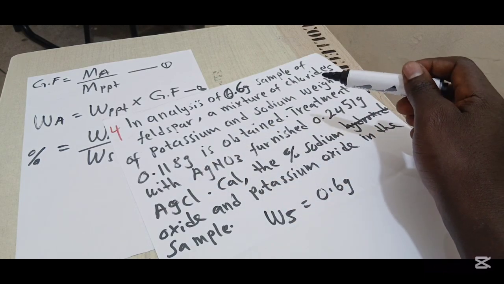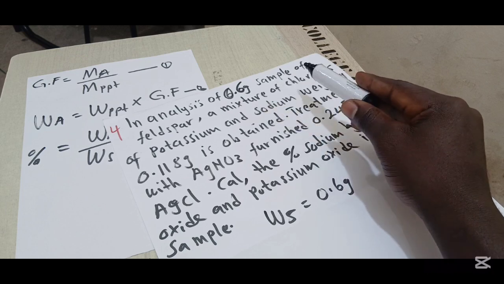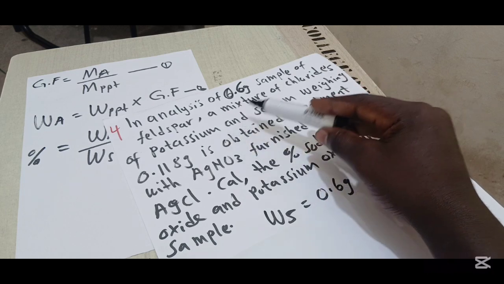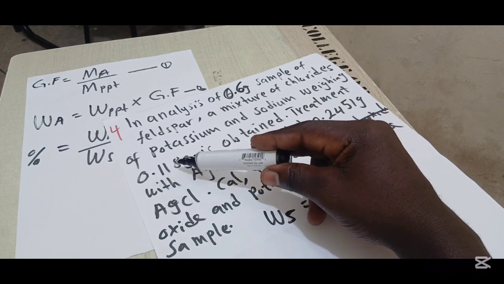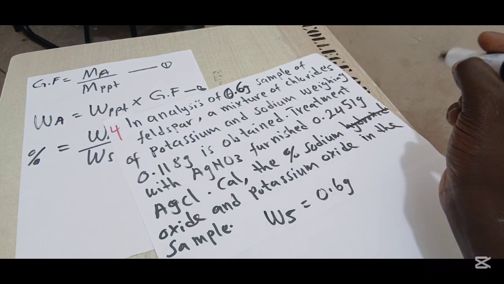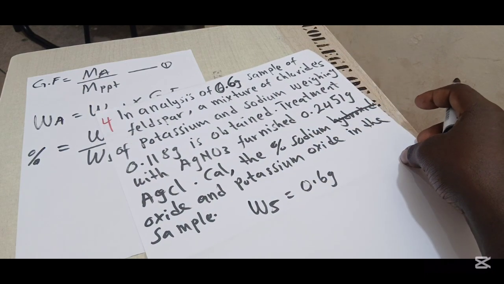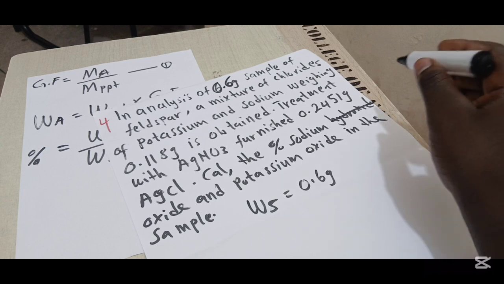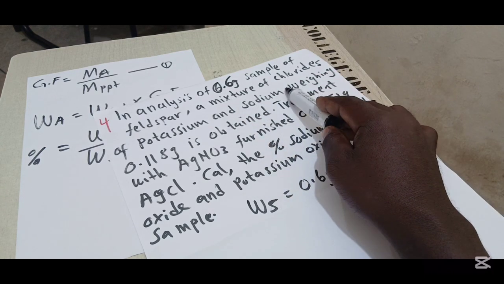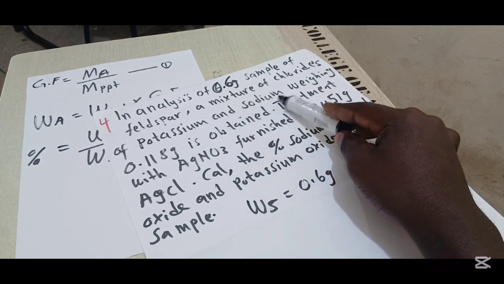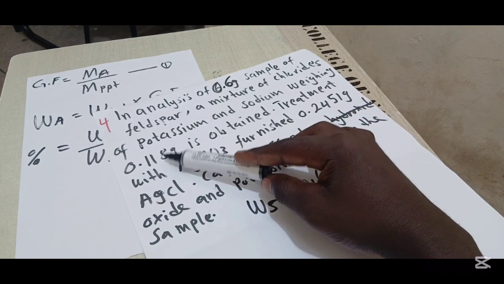That means that we have sodium chloride plus potassium chloride giving out 0.118 grams. So in problems like this, we need to form equations. This is our first step: potassium chloride plus sodium chloride gives us 0.118 grams.